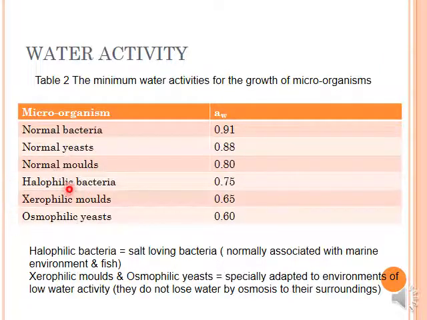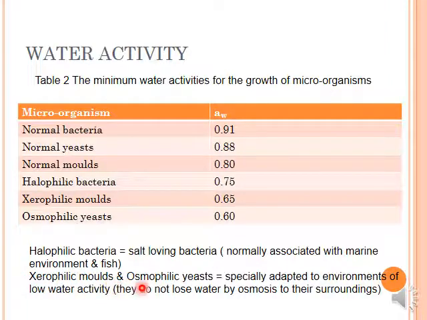Halophilic bacteria is salt loving bacteria, which means it is very likely to grow in a salt environment. So even though your food has low water activity, if it has salt properties, salty, then halophilic bacteria are likely to grow.